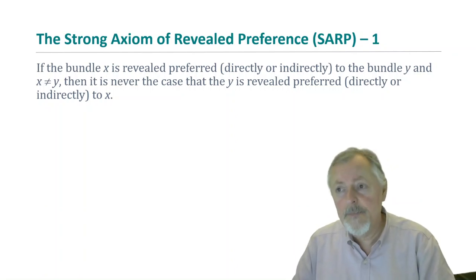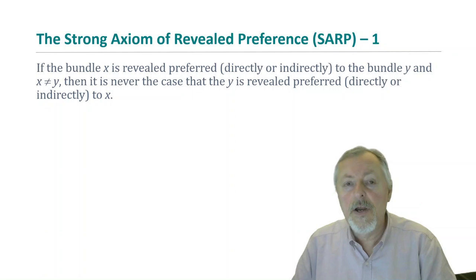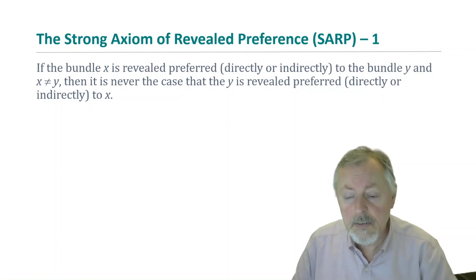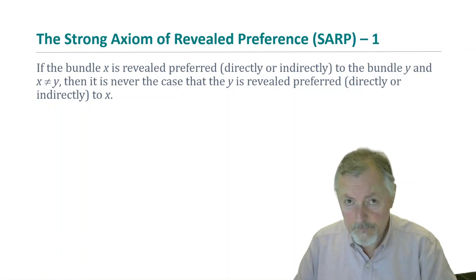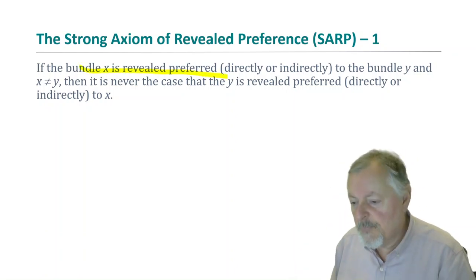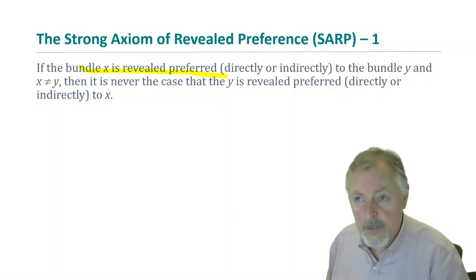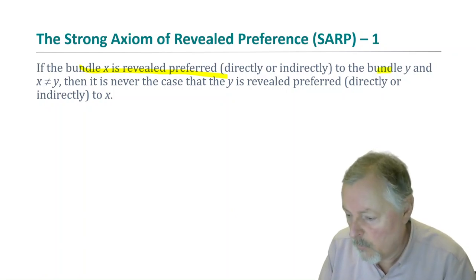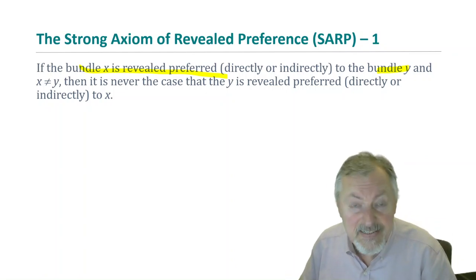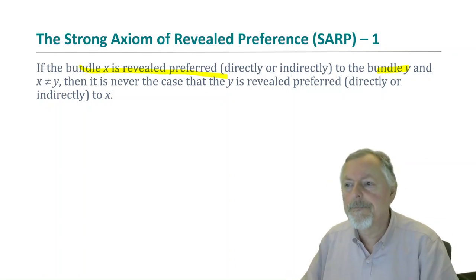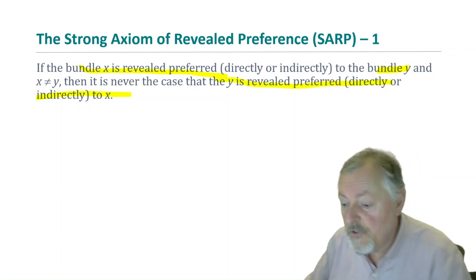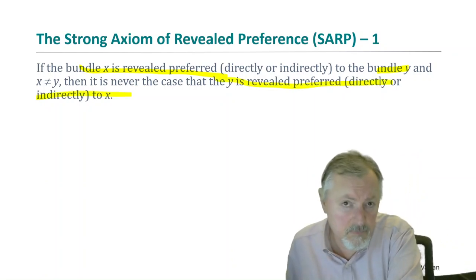The strong axiom says there are no preference contradictions, direct or indirect. If bundle X is revealed preferred either directly or indirectly to bundle Y, and assuming they're not the same thing, because that would be indifference, then Y can never be revealed preferred directly or indirectly to X.